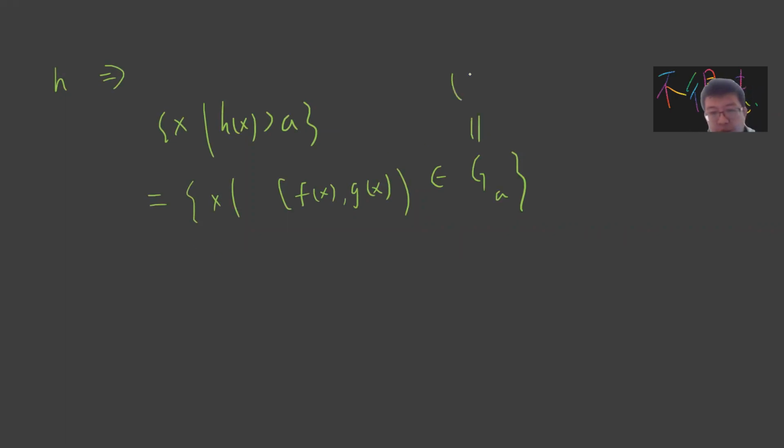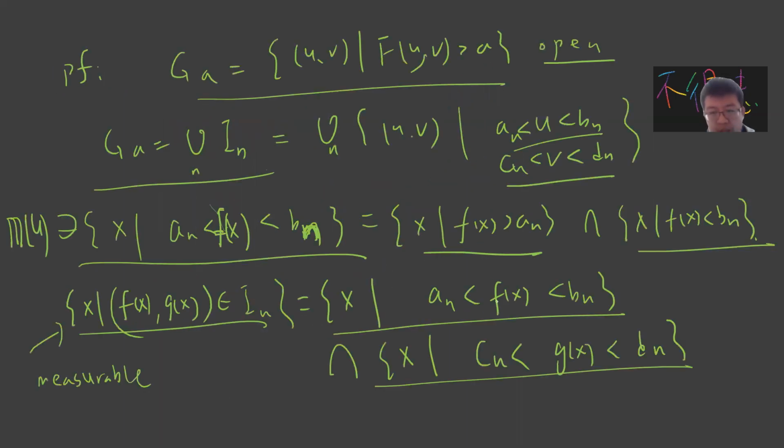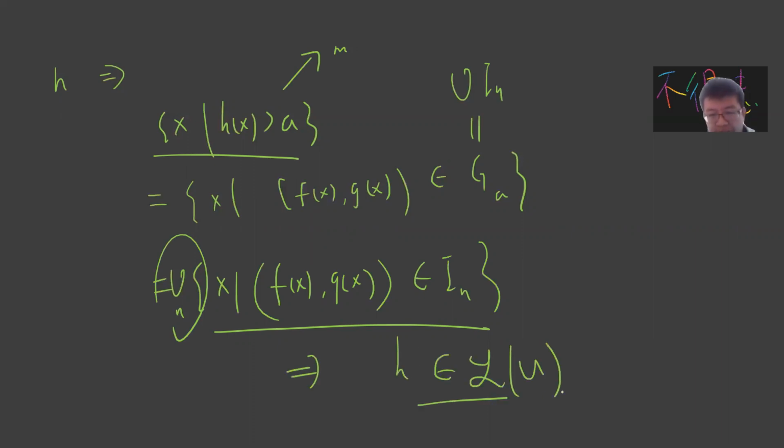And G_a is the union of the I_n, so it's a union of the sets of x where (f of x, g of x) belongs to I_n, which are measurable by our previous two proofs. A countable union of measurable sets is still measurable, so h is measurable. H is a measurable function.